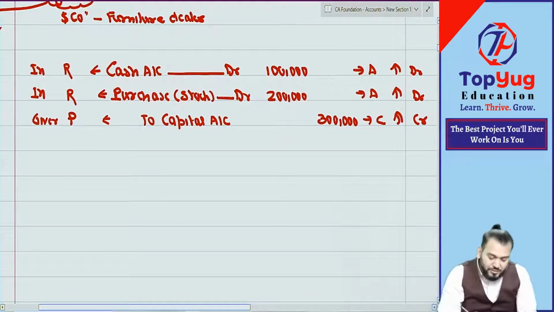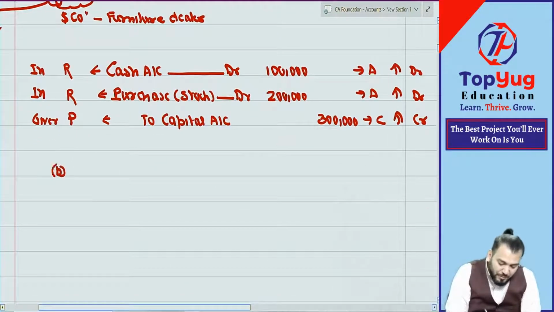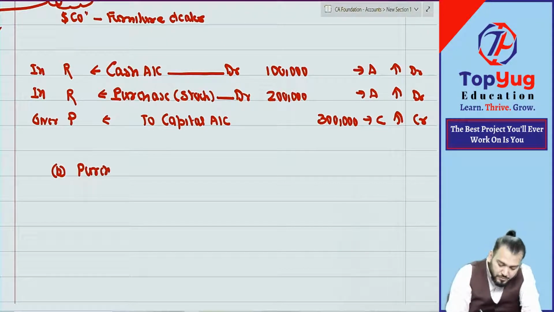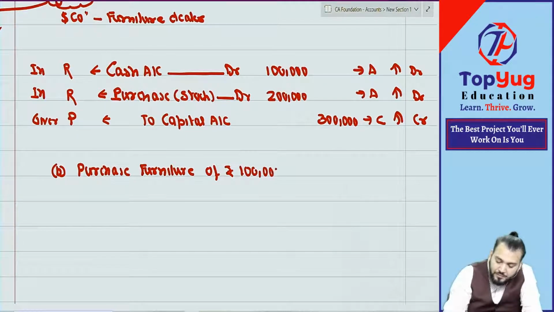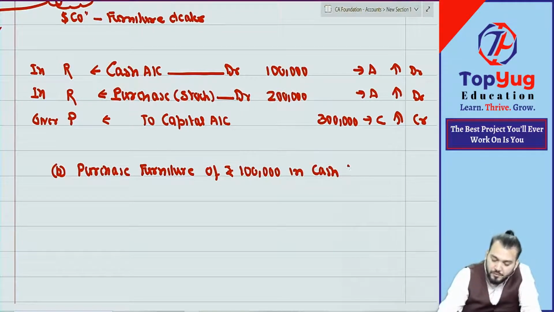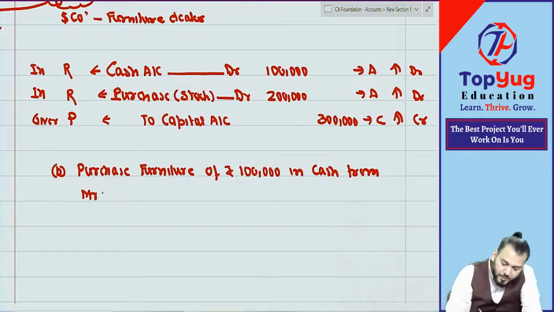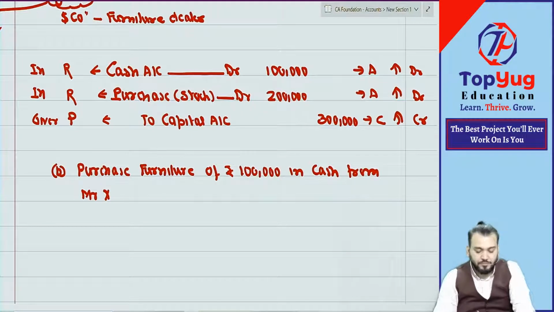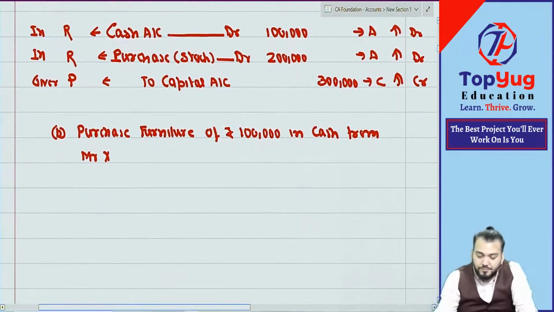First write down all transactions and leave some space. Point number B. Write down: purchase furniture of rupees 1 lakh in cash from Mr. X. Understood?